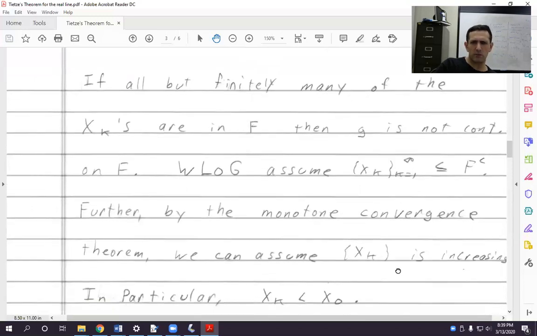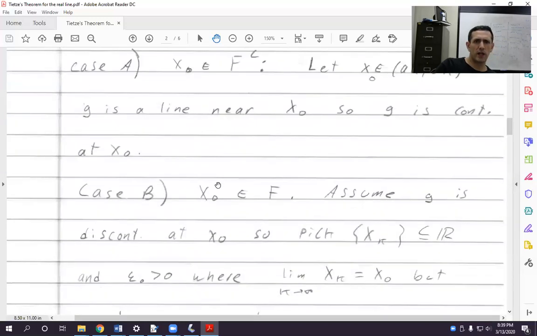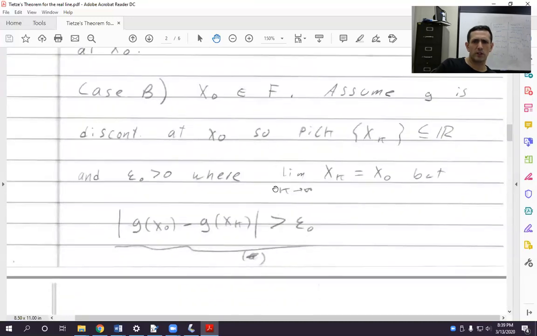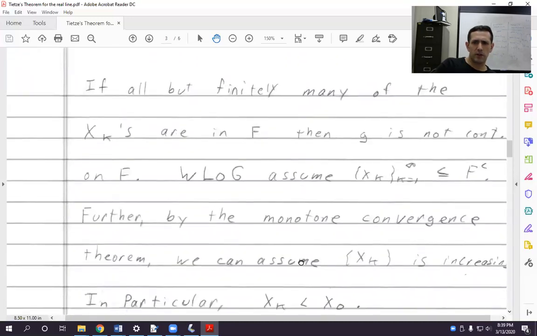So in particular, because this is increasing and it converges to x0, we know xk is less than or equal to x0, and actually xk is less than x0. xk cannot be x0, because we're assuming xk is in F complement, but x0 is assumed to be in F. So they can't be equal.